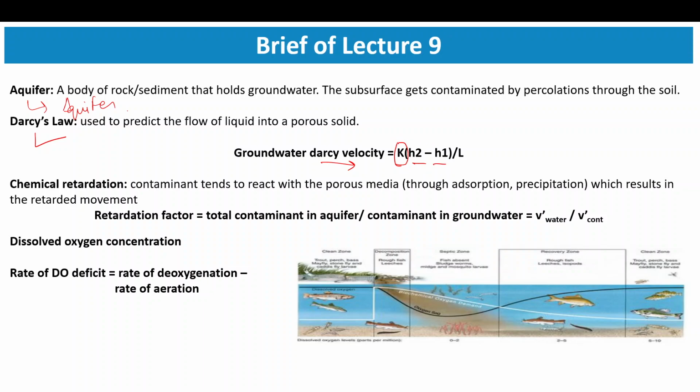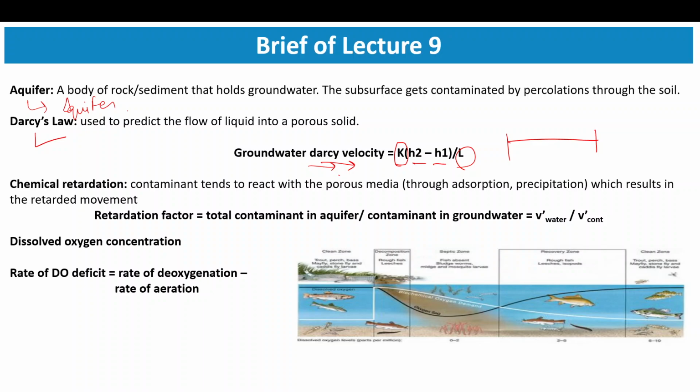H2 and H1 are two levels at which we are measuring, and L is the distance, the points at which we want to measure and how far apart they are. Based on that we can calculate what kind of dispersion can happen in the porous medium or soil.